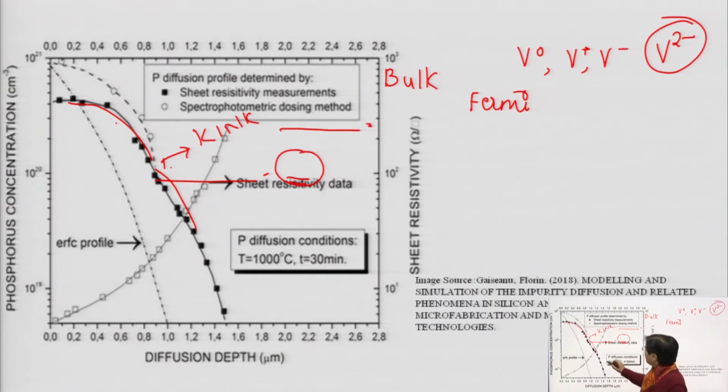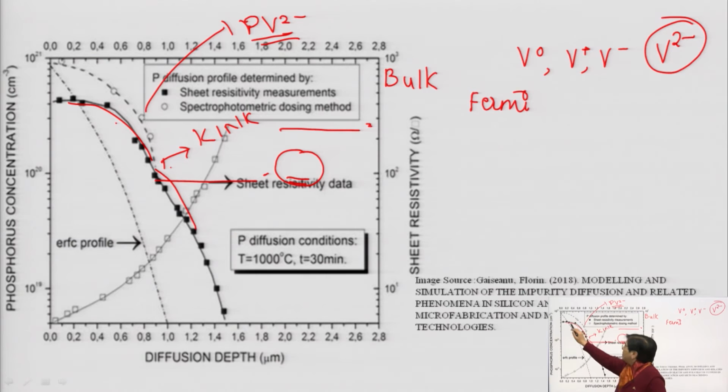We have seen already, this is the behavior. Initially, you have doubly charged vacant sites, that is PV2 minus, which are responsible for creating the diffusion profile in this manner. But after that the Fermi level shifts, that is, the energy level shifts, and these start getting dissociated.